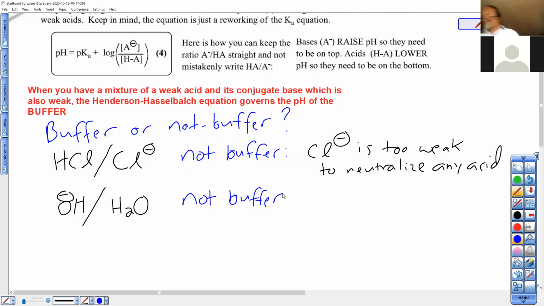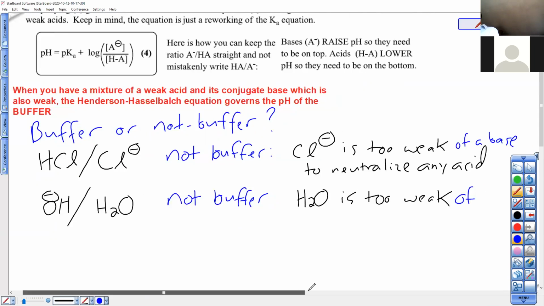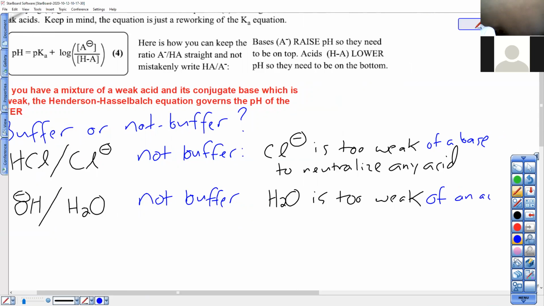Why? It has nothing to do with the fact that hydroxide's a great base for neutralizing acids. Water is a terrible acid to neutralize any base. H2O is too weak of an acid to neutralize any base.